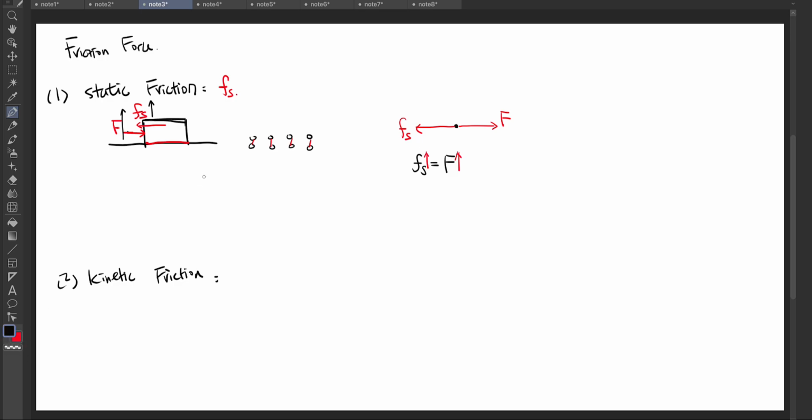But we also know from experience that if F is large enough, then this object will start moving in this direction, start accelerating. So that means that there's a maximum value called Fs max, maximum static friction.